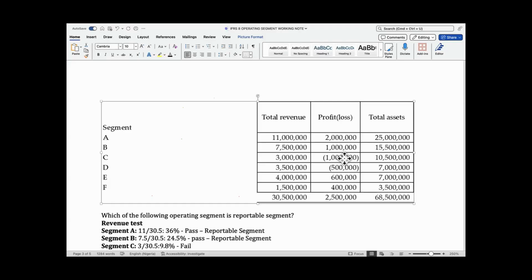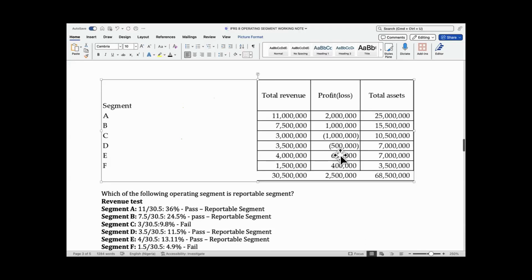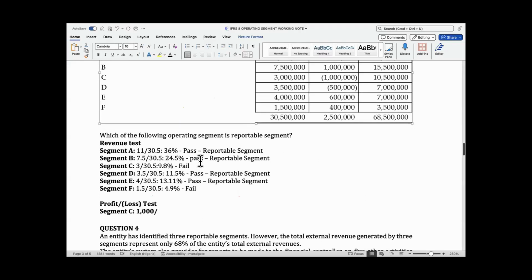And the losses is just this 1,500,000. So the total loss is 1,500,000. The total profit is 4 million. The greater is 4 million. So we're going to be comparing against 4 million. So 1 divided by 4 million, that's 25%. So pass.